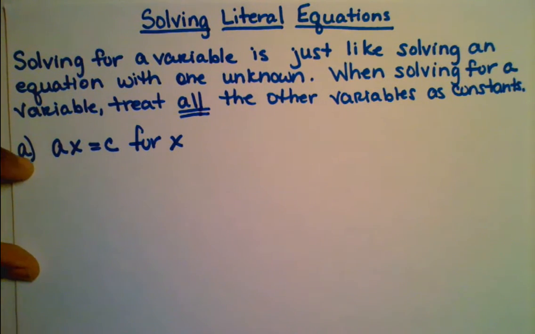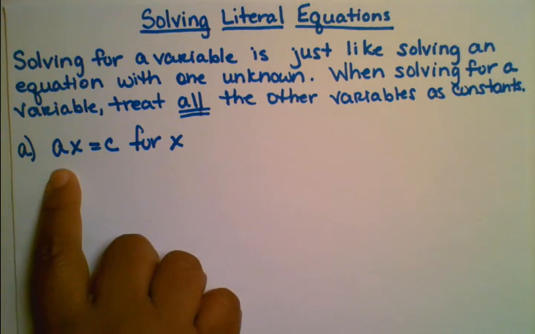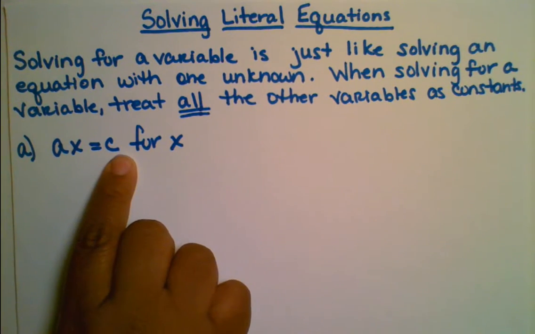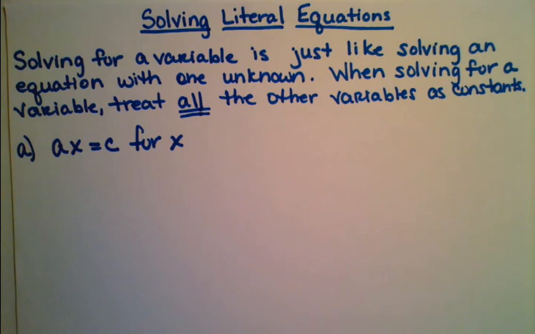For example, here we have ax is equal to c, and we're asked to solve for x. So treat a as a constant, c as a constant. We're saying treat it as if it were a number.